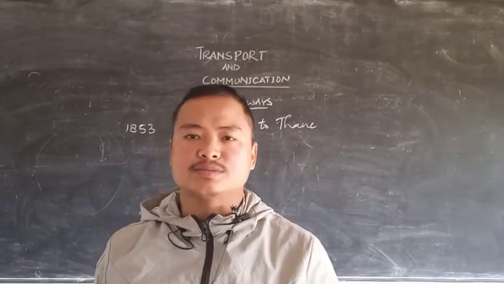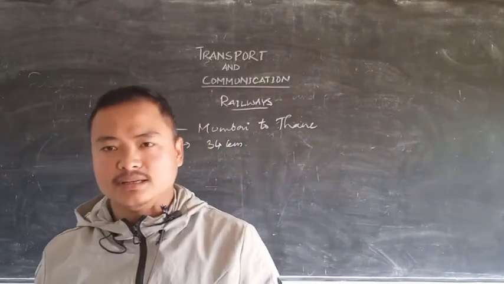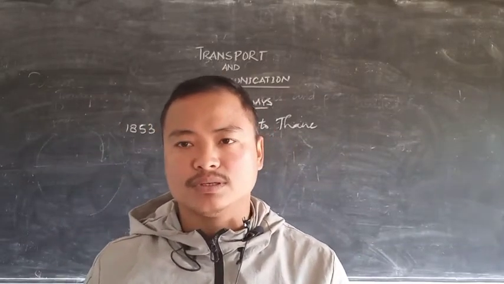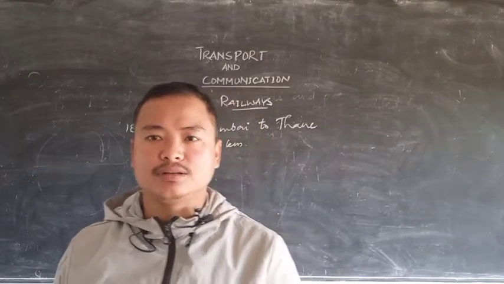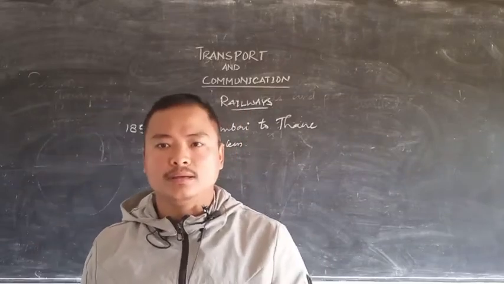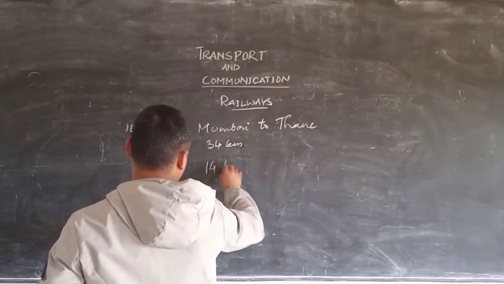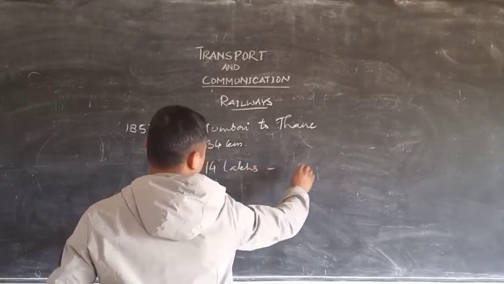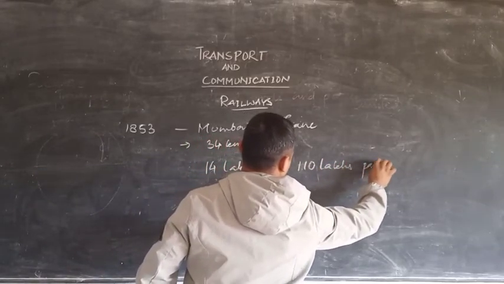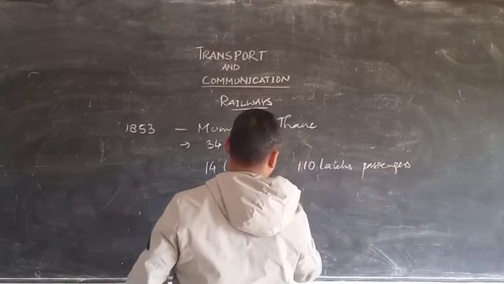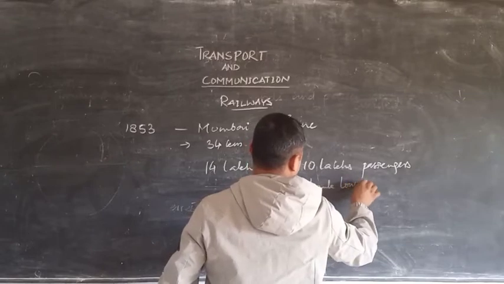Since then, there has been no looking back for railways, and to date this railway has developed over the years, not just limited to this 34 kilometers, but it travels almost 14 lakh kilometers every day, carrying almost 110 lakh passengers and almost 8 lakh tons of goods.